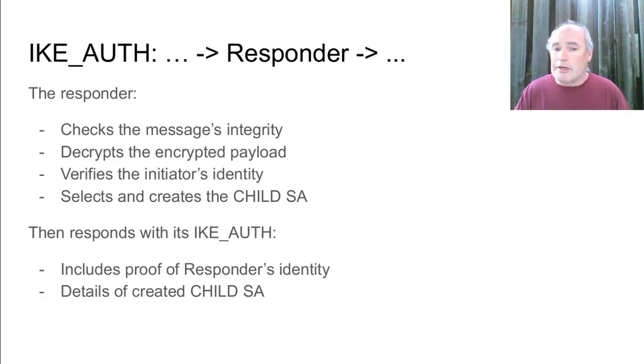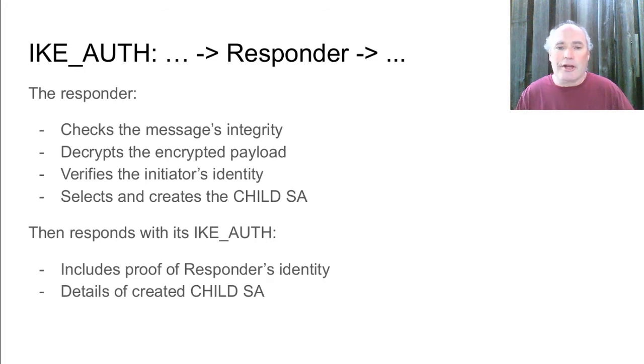The responder gets that in, checks the packet, it can verify using the information extracted from the Diffie-Hellman exchange. You can verify and say, yeah, this is okay, and if it isn't, drops it like a hot potato. No response, nothing. If you try to set up an IKEv2 exchange and things aren't working, you're going to have to go to that responder and have a look at its logs.